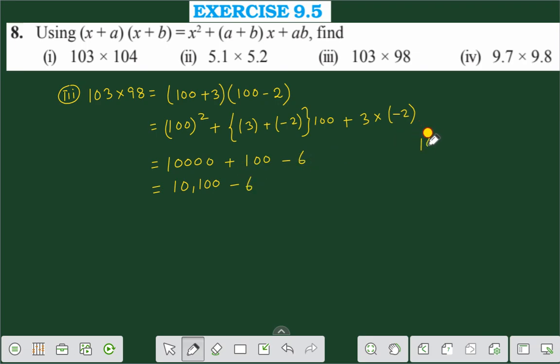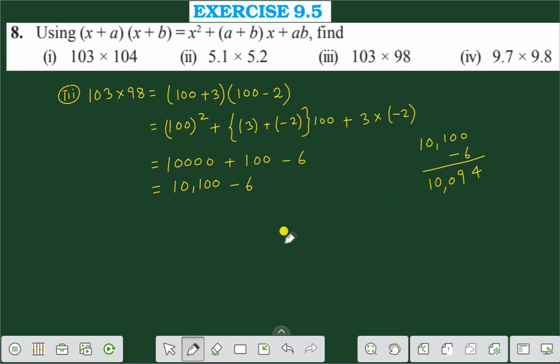If we subtract 6 from 10,100, we get 10,094.